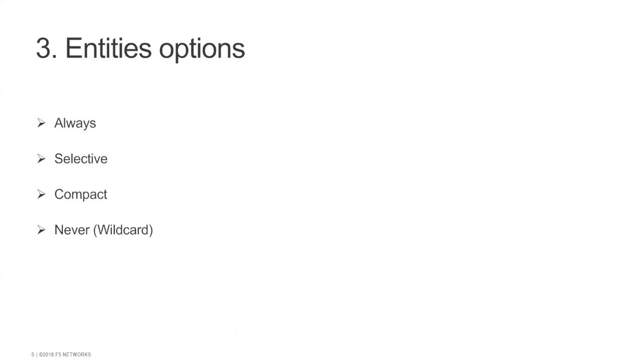Compact is a mix between always and selective. They will have wildcards, and also explicit entities. But the difference is they will have a top level of wildcards.